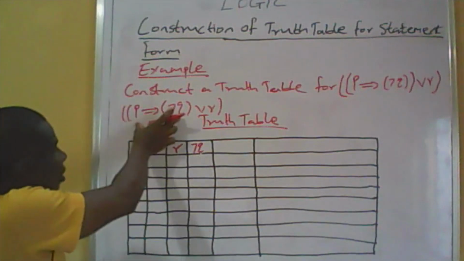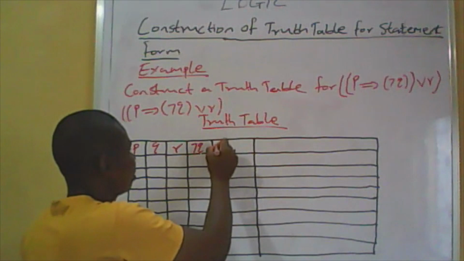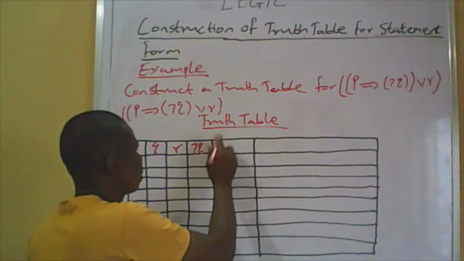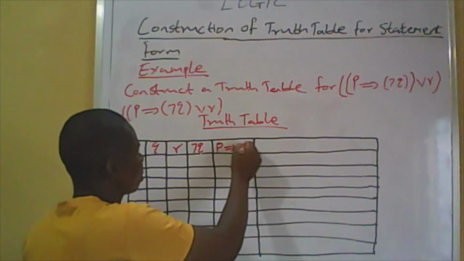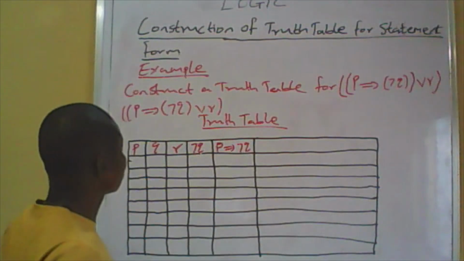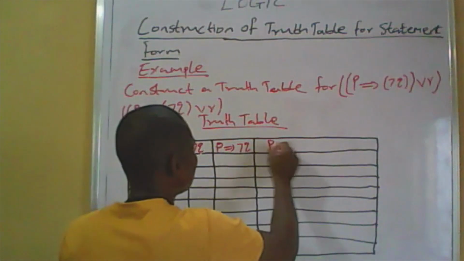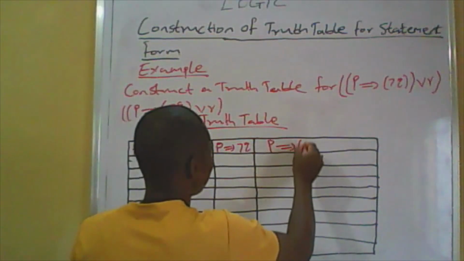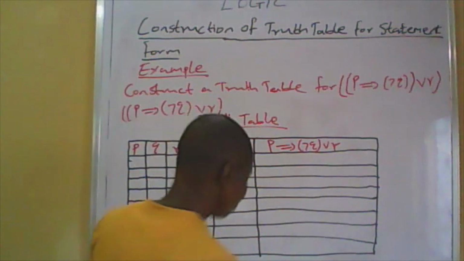This statement here, we have a column for that: P implies not Q. Then our full statement, P implies bracket not Q or R.